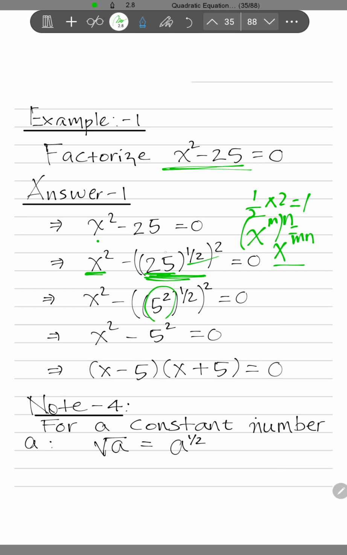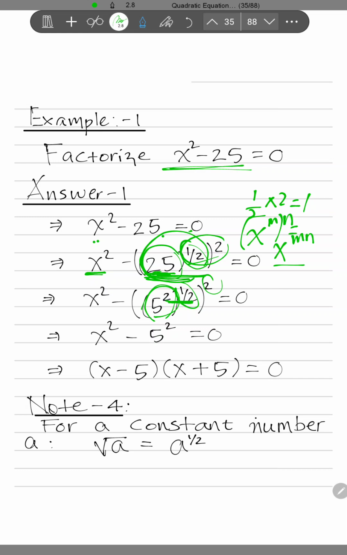We have here x squared minus 25 is equal to 0. x squared minus the square root of 25 squared. Here I didn't do anything. Half times 2 is 1. Okay. Then 25 here is 5 squared, times half, which is already here, times 2.